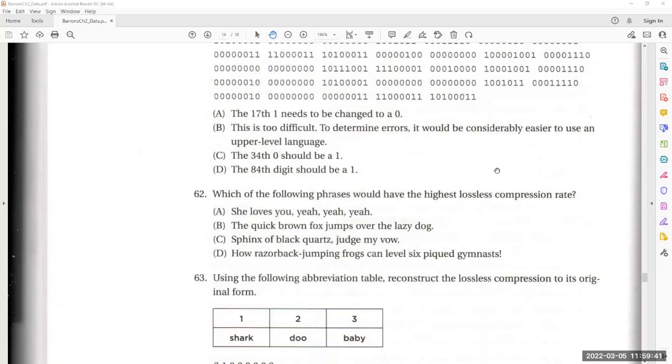is for compression. Okay. This one, let me have Catherine Lee, please. 62. Which one has a higher compression ratio?